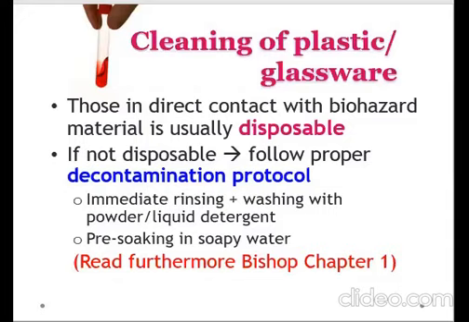First, the exposed plastic or glass, you are going to rinse immediately. After rinsing, you are going to wash it with either powder or liquid detergent. And remember, it is emphasized in your Bishop that pre-soaking is recommended when immediate cleaning is impractical. Okay, so that's it. Now, if you want to know more about the decontamination protocol for your plastics and glass, you can read further in chapter 1 of Bishop.